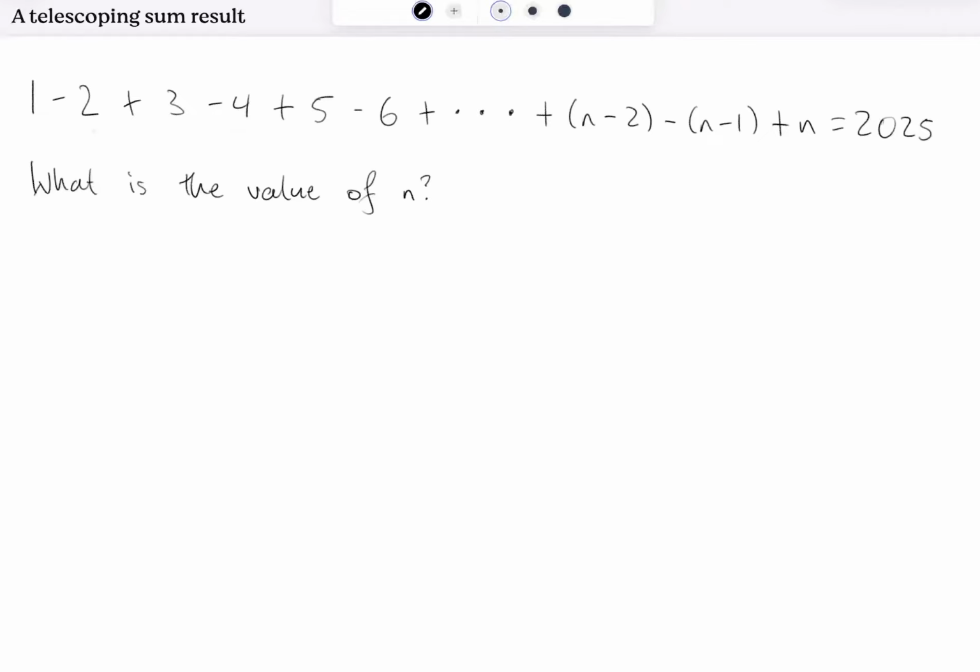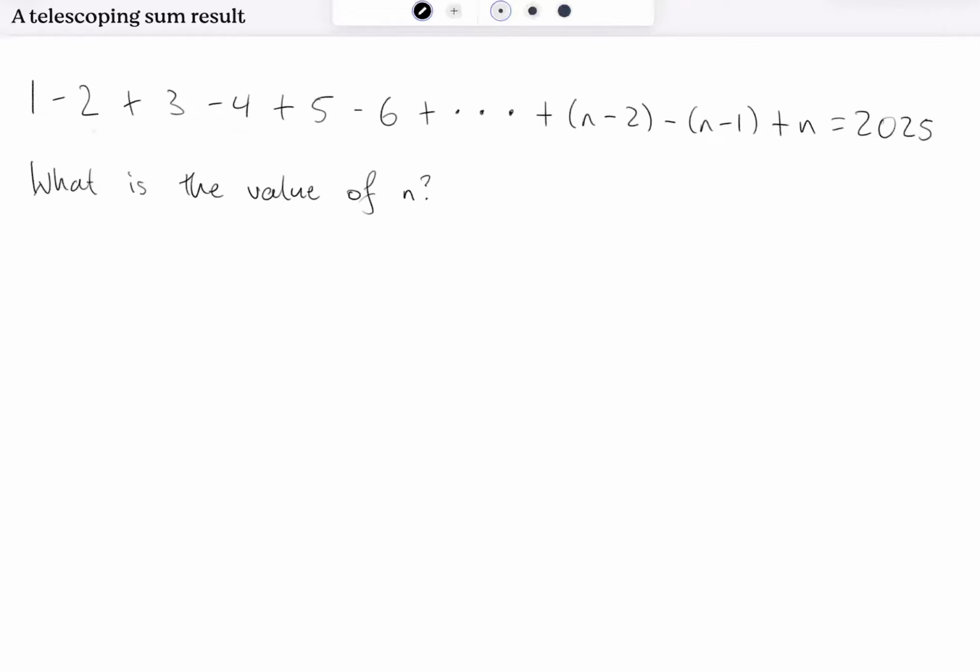And then we add n minus 2, subtract n minus 1, and we terminate this partial sum at the value of n.